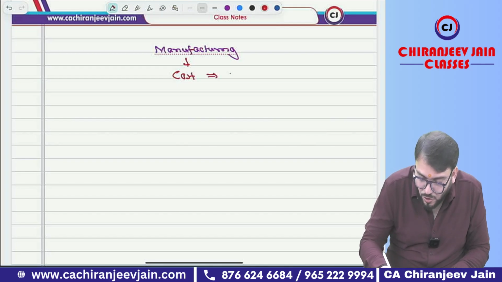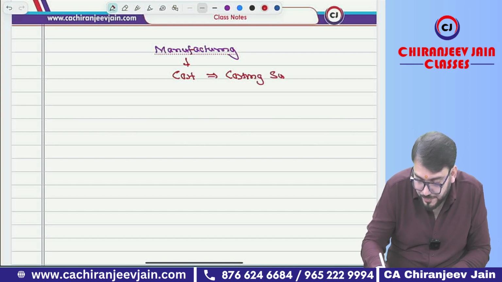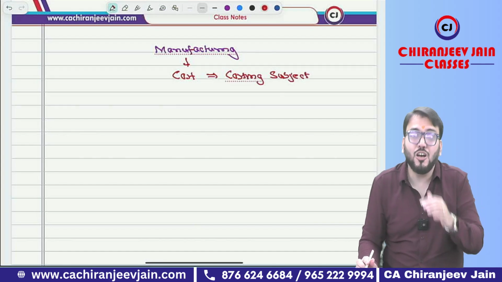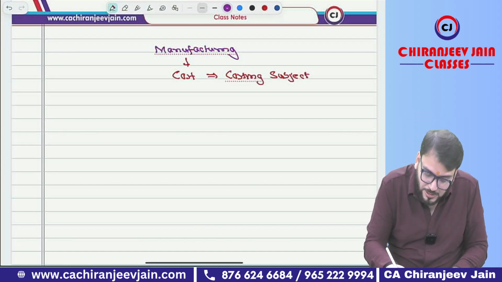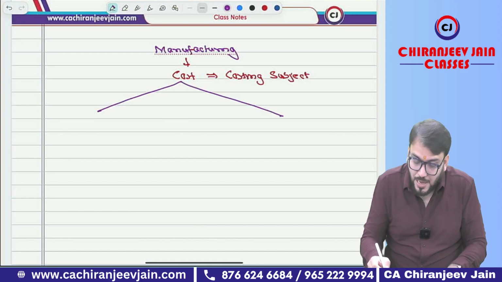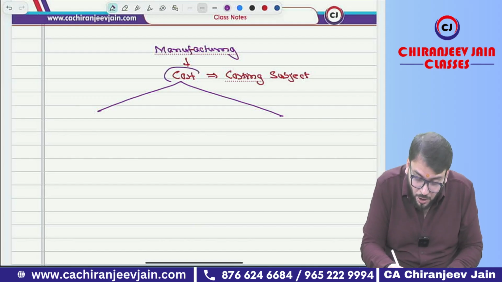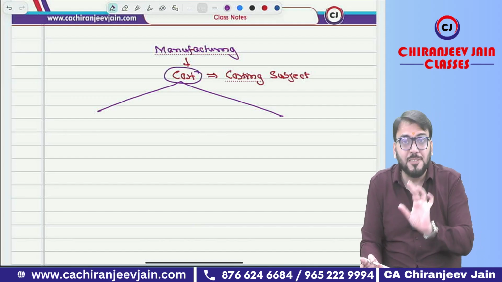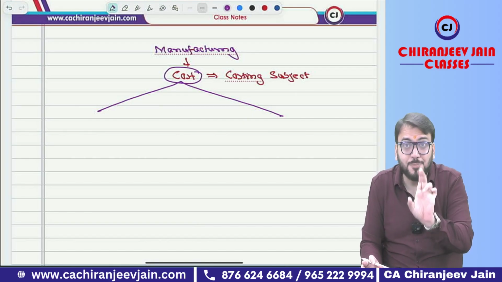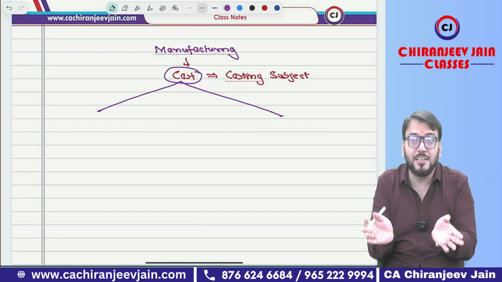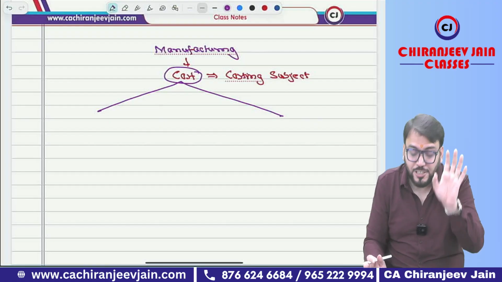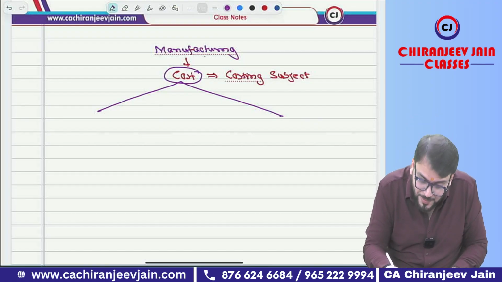As per your costing subject, and I am not teaching you the costing subject, your costing faculty will teach it. I am saying costing, not accounting, and I am discussing cost, not expense. Cost and expense are two different terms. Expense is the wider term. Cost is a part of expense.